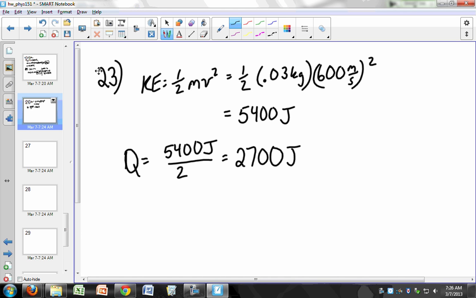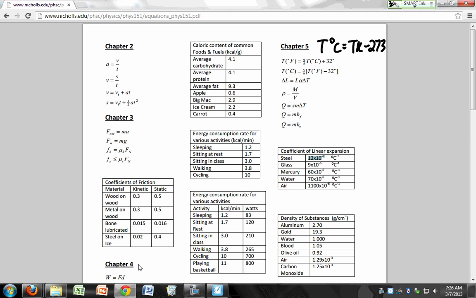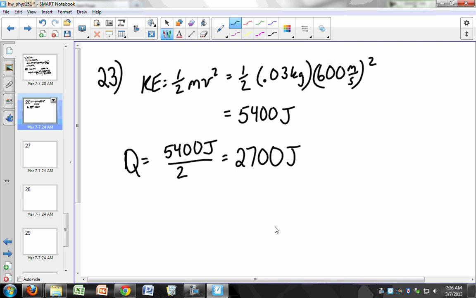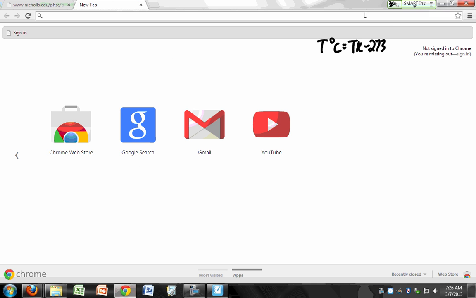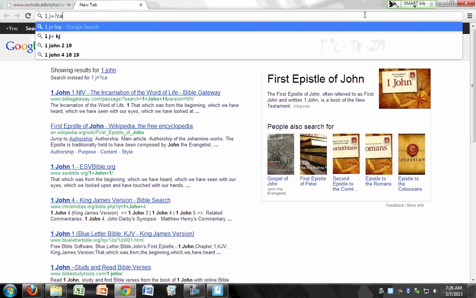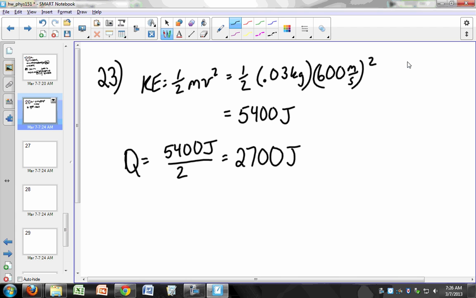Now, when I'm working with Q, though, I need to be in calories. Let's see, I think I still have this on the equation sheet. No, but I'll provide it for you. See, make sure that I get this right. 1 joule... okay, so 1 calorie is 4.2 joules.